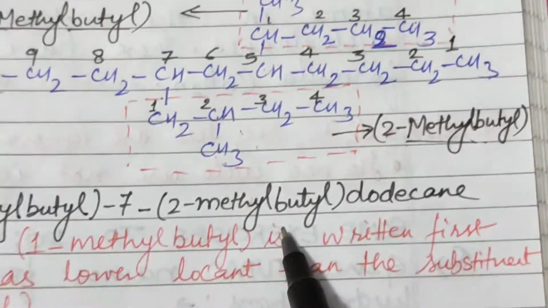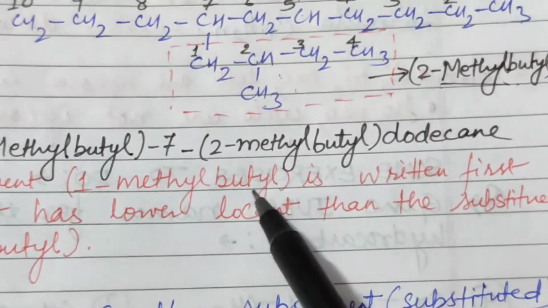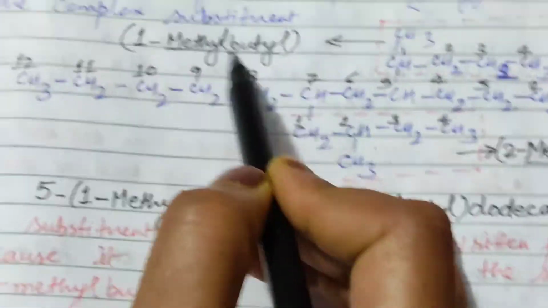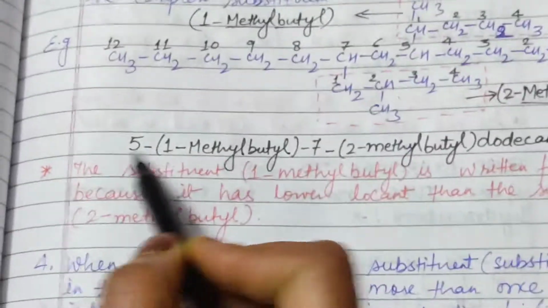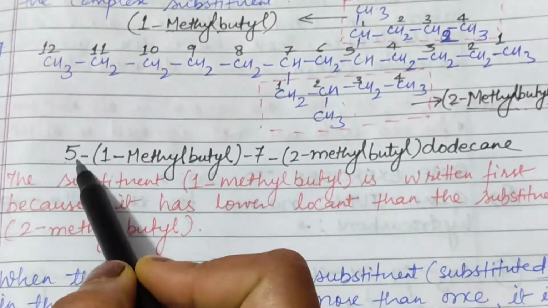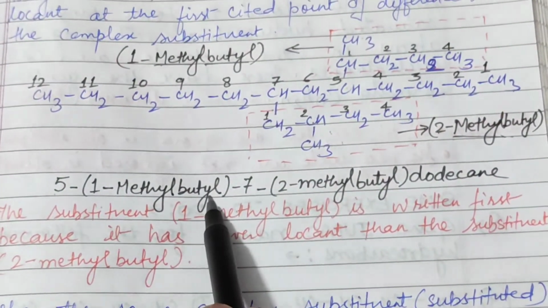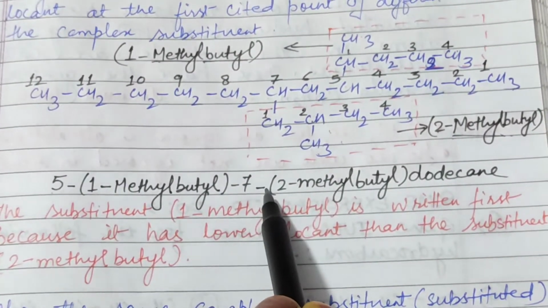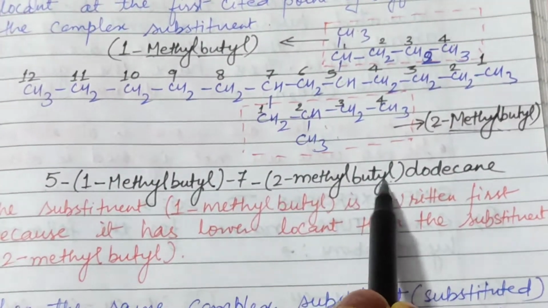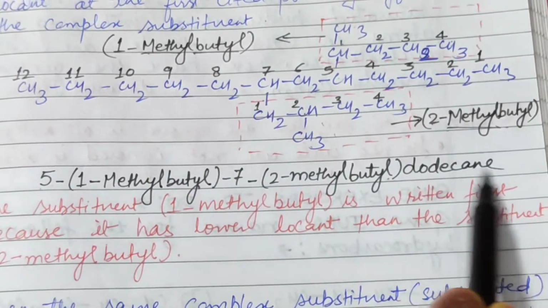Now we will prefer the name of lowest locant substituent. So the name will be like this: 5 means this one, 5-(1-methyl butyl)-7-(2-methyl butyl) dodecane.